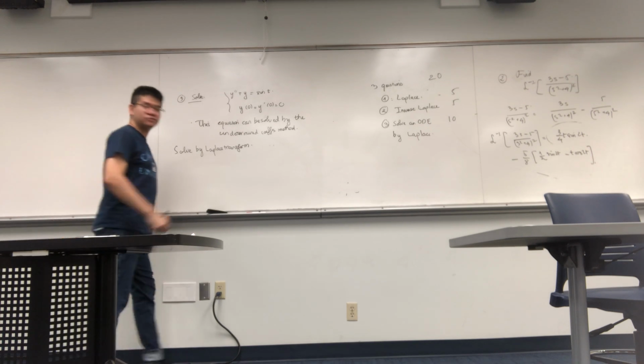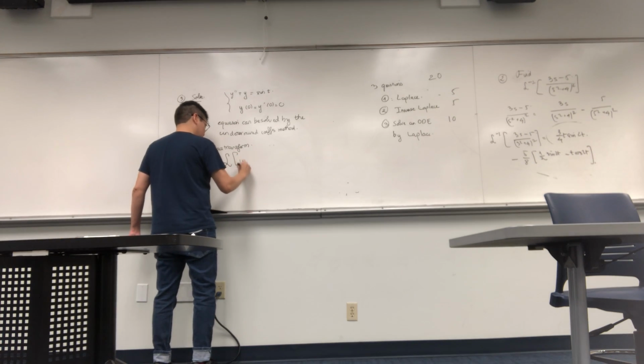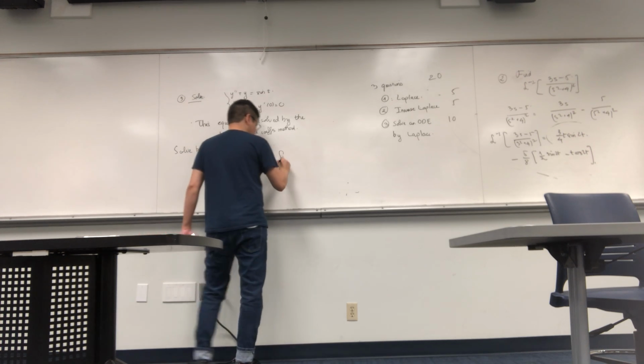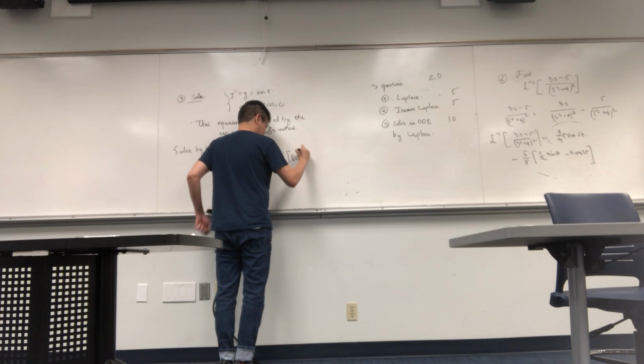So the first thing you do is you take the Laplace transform on both sides. You have the Laplace transform of y double prime plus y is equal to the Laplace transform of sin t.